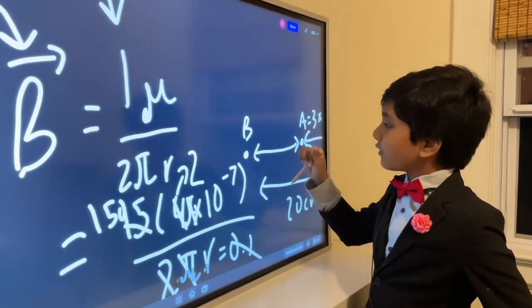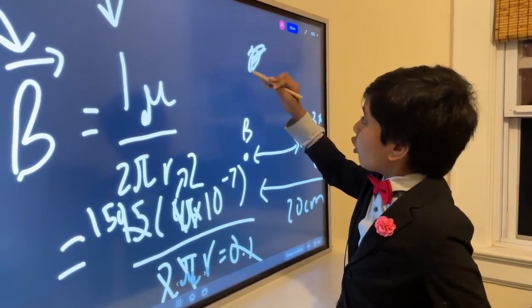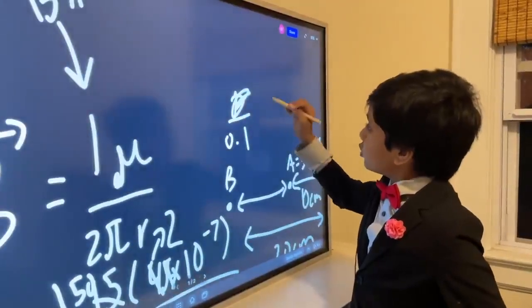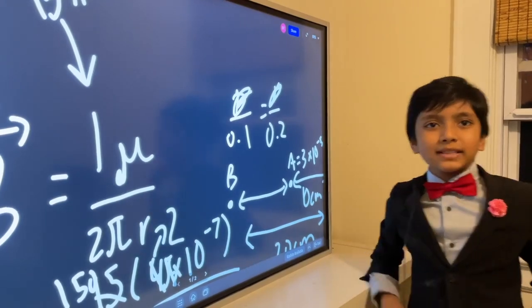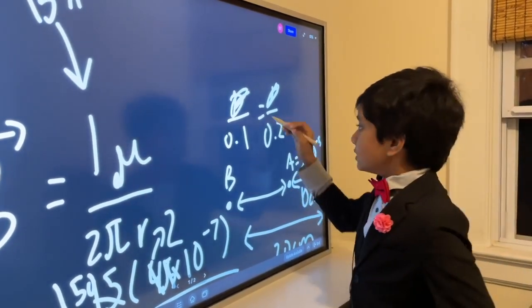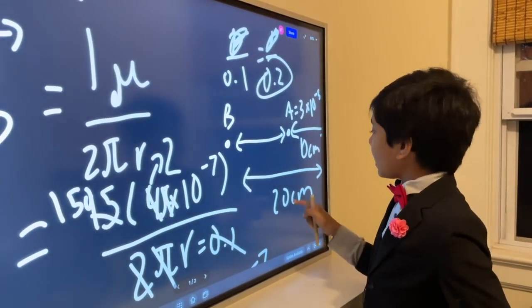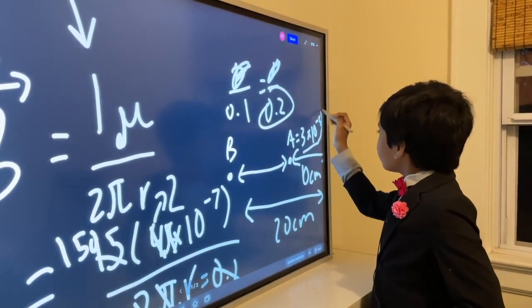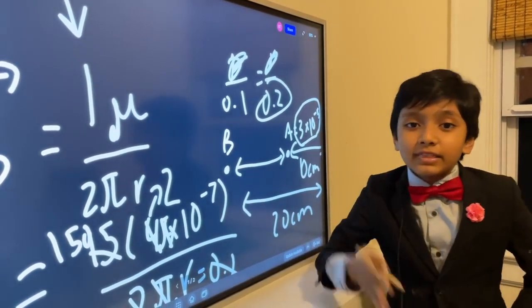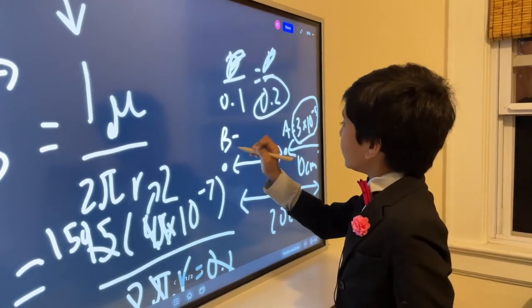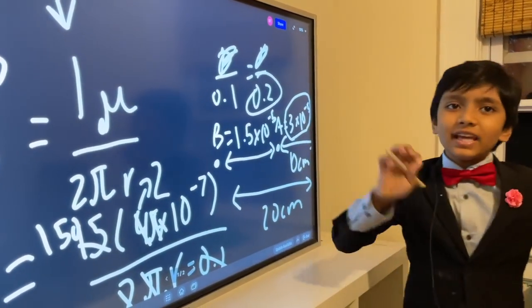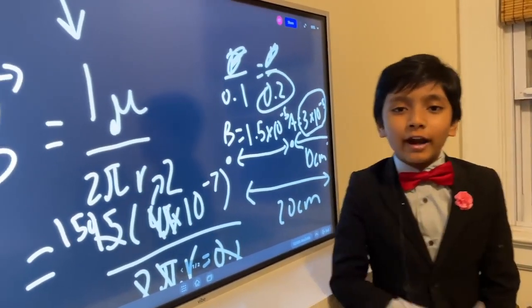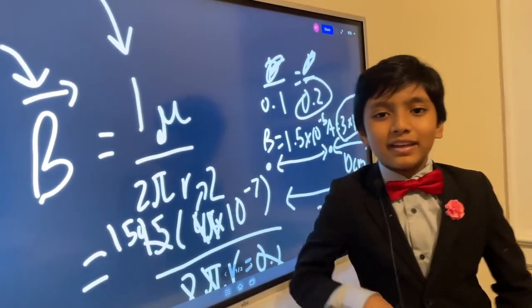We can say it went from something over 0.1 to the same thing over 0.2, which means that the value halved because the radius got greater. So now, since the value halved, we chop it in half, and then we get 1.5 times 10 to the negative 5th power. See? Completely speed running Oersted's equation.